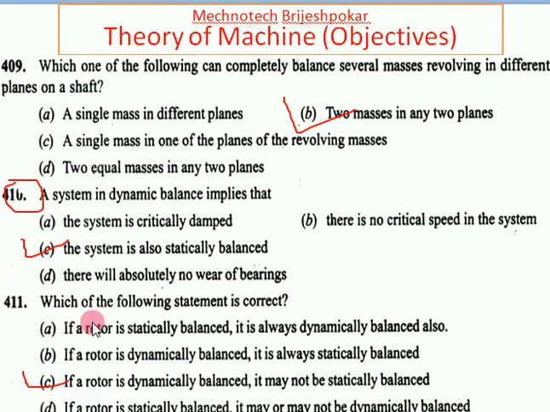So friends, please correct it. Here the statement is correct, but this sentence does not follow from 410, right? If a rotor is statically balanced, it may or may not be dynamically balanced. So this is, I think, right, but I cannot say about C. C is maybe also not right.